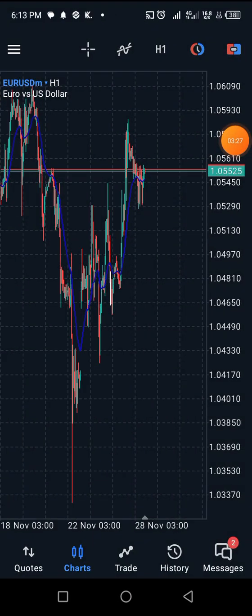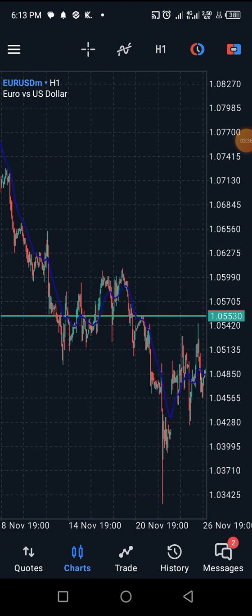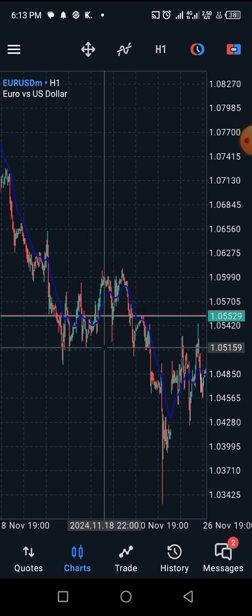In this area, I'm going to straighten my phone back. So we are going to make use of this cursor, very important. Going backwards, I'm going to place it in that area that I pointed those arrows to, to show us how price has been reacting in that zone.